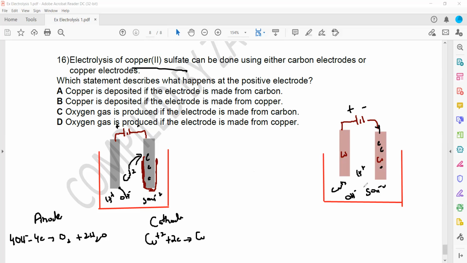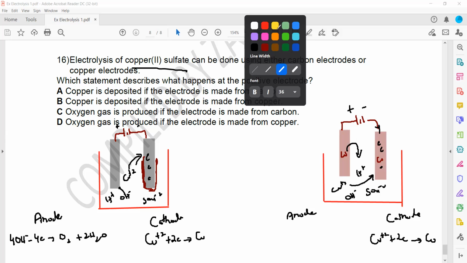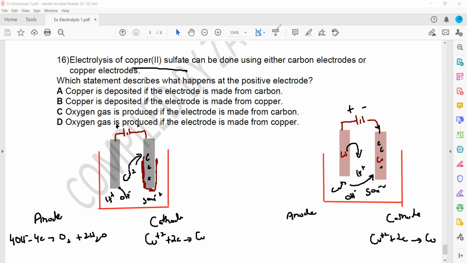What about this one? The copper ions are attracted towards the cathode. The equation is the same: copper ions gain 2 electrons and turn into a copper atom. But what happens at the anode? The copper atom will go into the solution and turn into a copper ion. So the size of the anode will decrease.